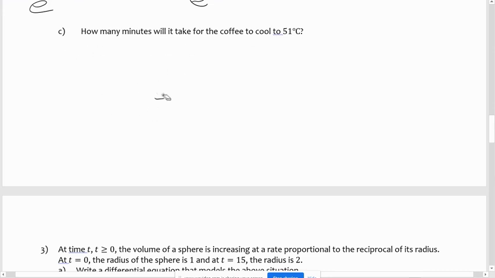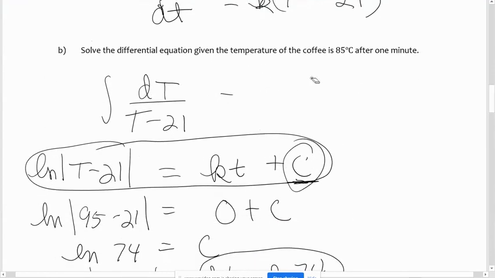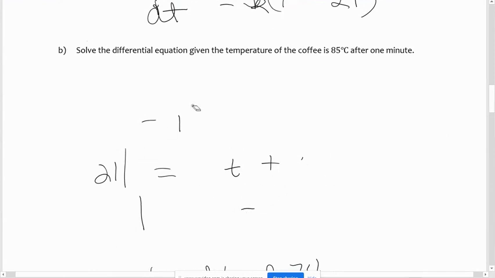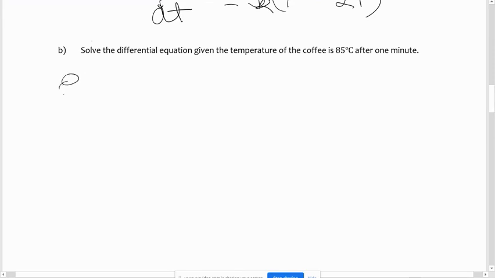I didn't leave myself enough room, so it's all gotta go one more time. Okay, so I would then have 85 is equal to 74 e to the k times 1 after 1 minute.